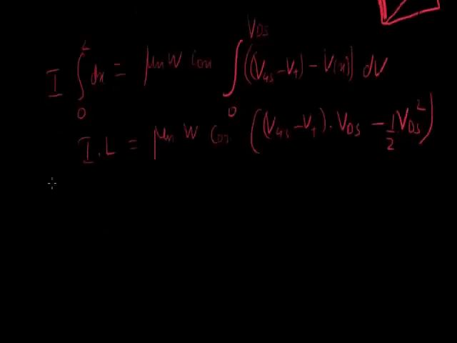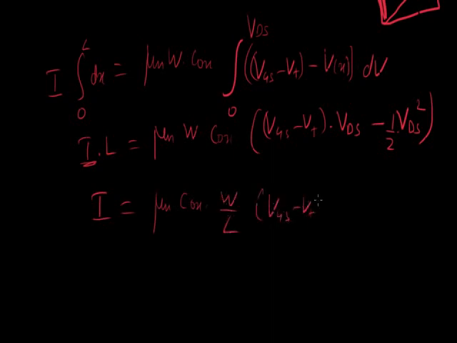Now we're almost there. It's just a rearrangement of terms that is required here. So I can finally be given as mu n times Cox times W over L, VGS minus VT times VDS minus half VDS, the whole square.